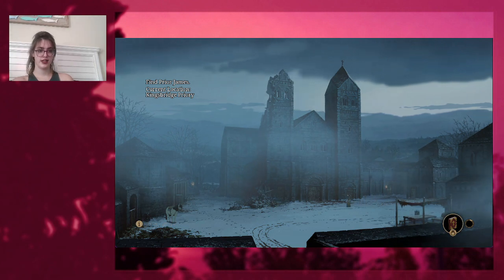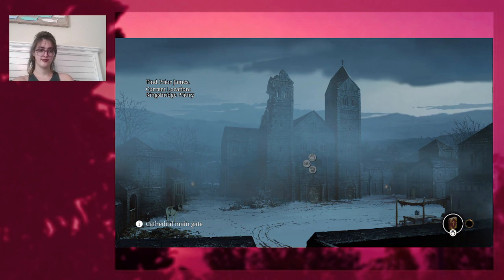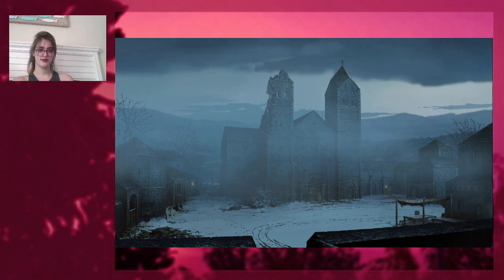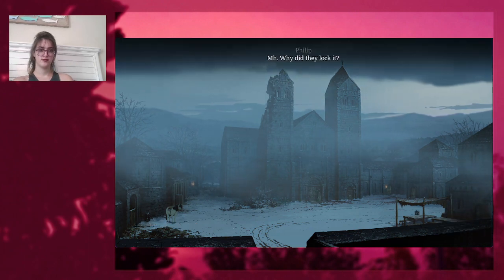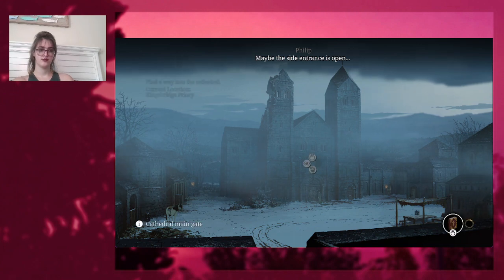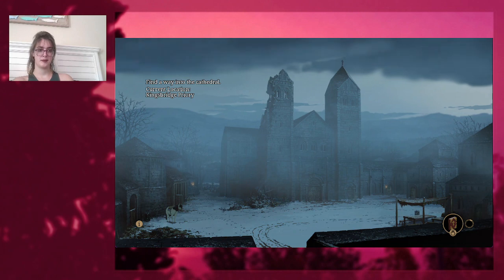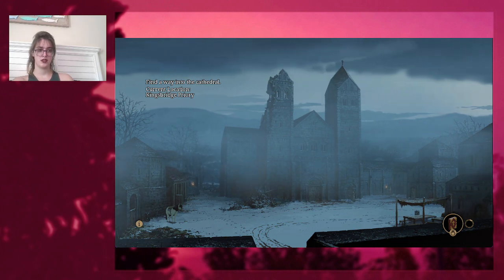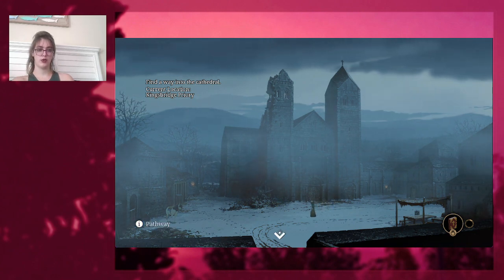Alright, we should just go inside, I guess. Why did they lock it? Maybe the side entrance is open. So this one. No? Okay. Going all the way around then.